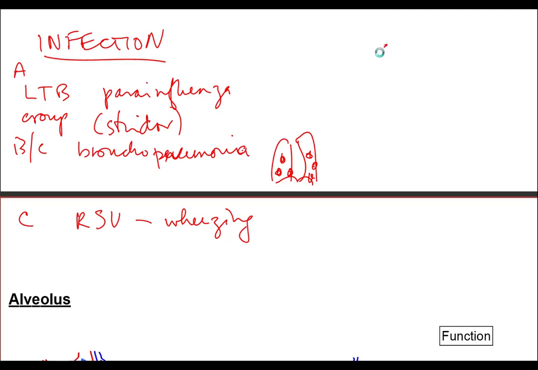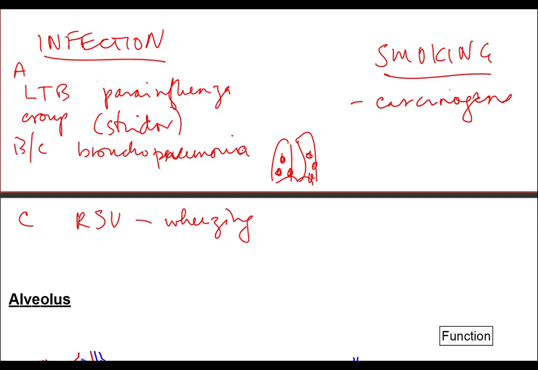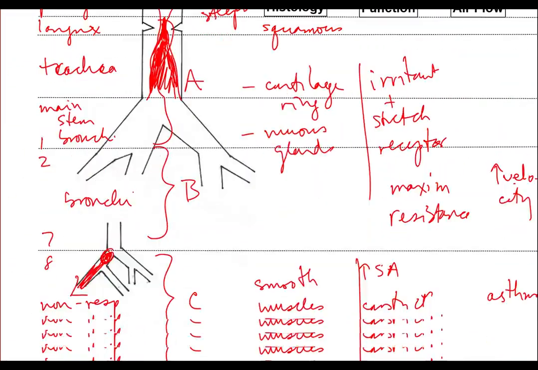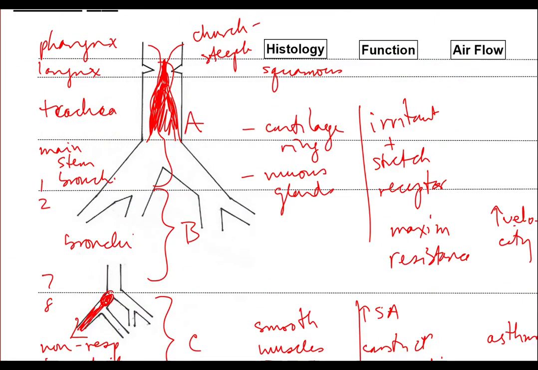Well, let's just come over and take a look at how useful this division is of the bronchial tree when we look at the effects of smoking. So let's just start with the carcinogen effects of smoking. Think that the greater the exposure to the carcinogen, the more likely one is to develop a malignancy. So when you look at the tree and you say, which is the area that's most exposed to the carcinogen, you would say to yourself, that's going to be up here in the upper airways.